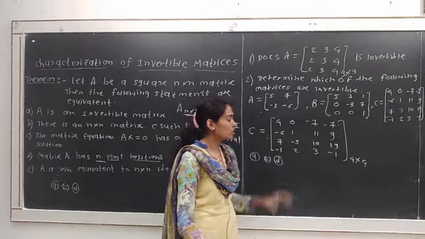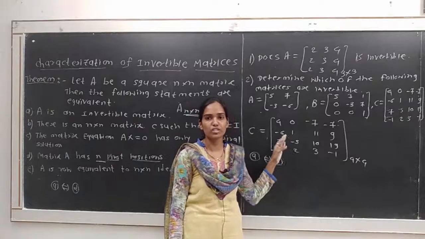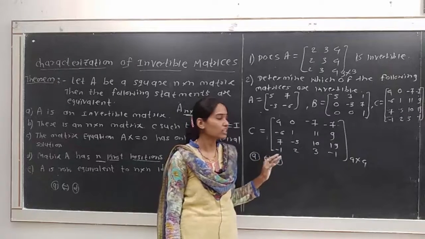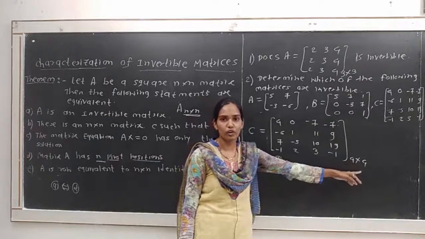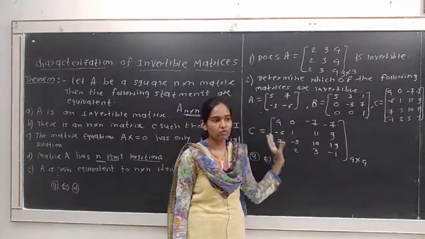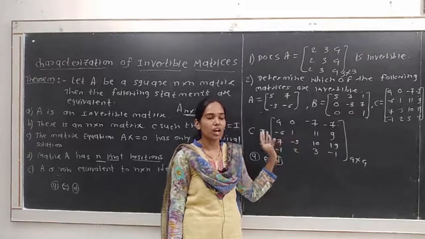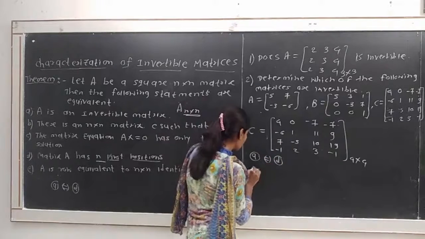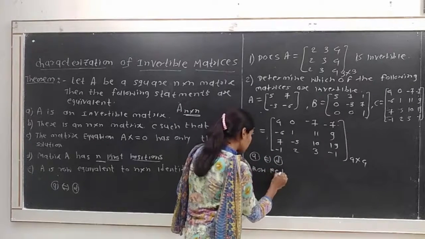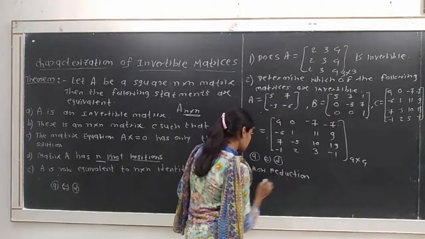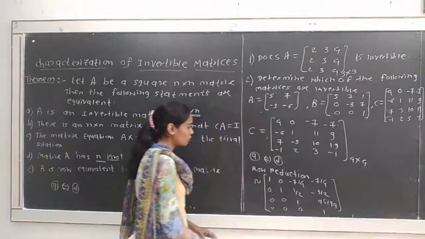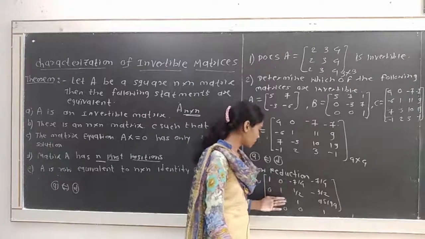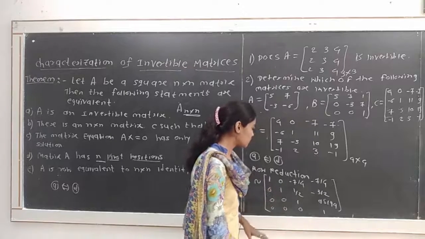But for counting the number of pivot positions, first we want to reduce this matrix to row echelon form. Since the matrix is of order 4 cross 4, that is a square matrix, we want to convert this matrix into the upper triangular form. After row reduction, that is, if we apply the row operations, we get the matrix in this form.